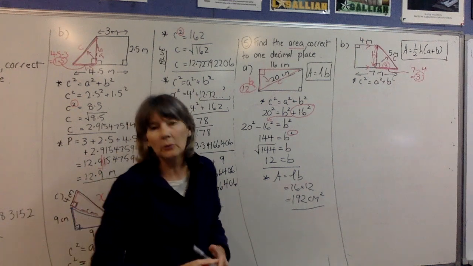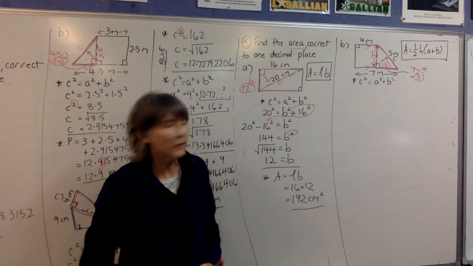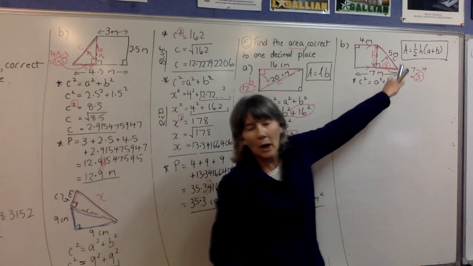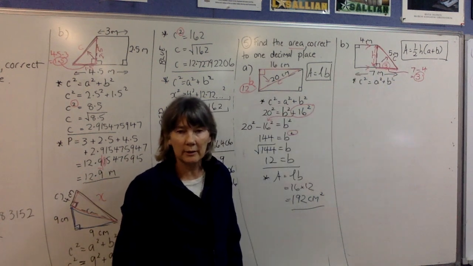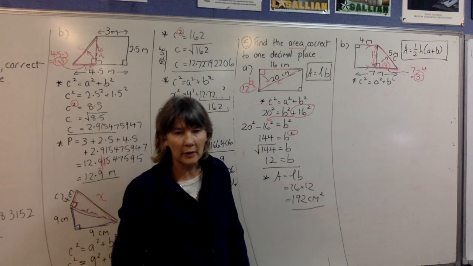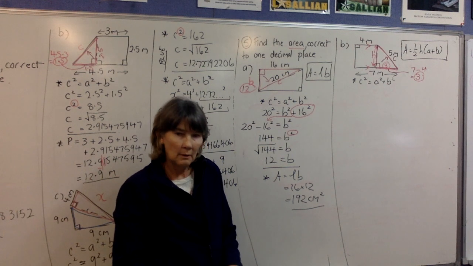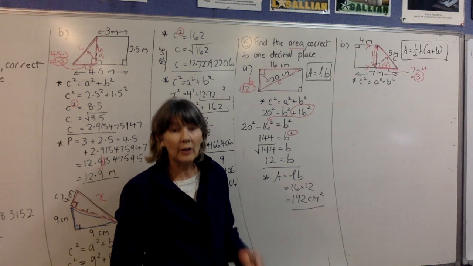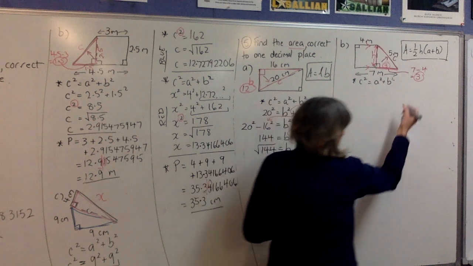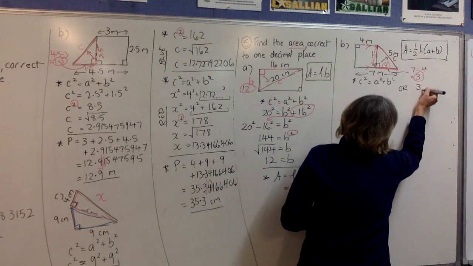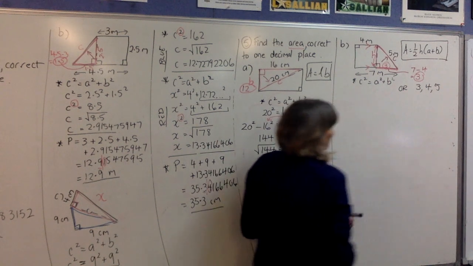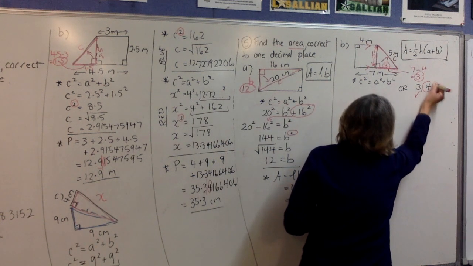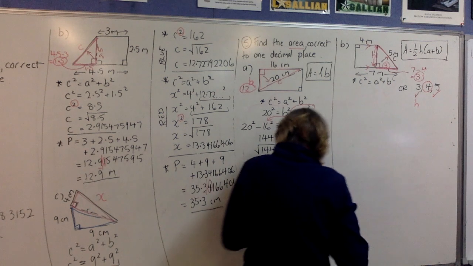Okay, now some of you might already be able to tell me what H is. If you've got a 3 here and a 5 on the hypotenuse, what's that other side? Think about the Pythagorean triads. I think you should know. It's the 3, 4, 5 Pythagorean triad. So some of you might work that out quickly because you'll go, all right, well, I know I've got the 3, I've got the 5, so my missing side, my H, is going to be 4.